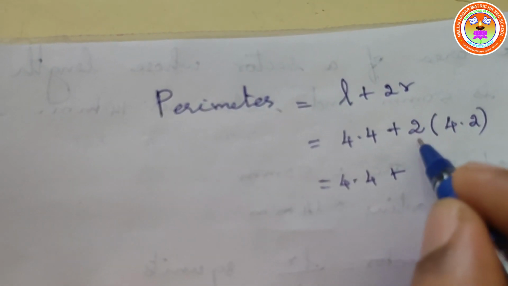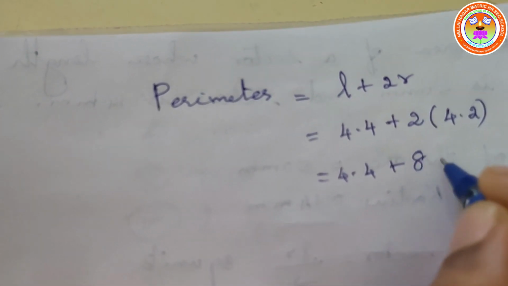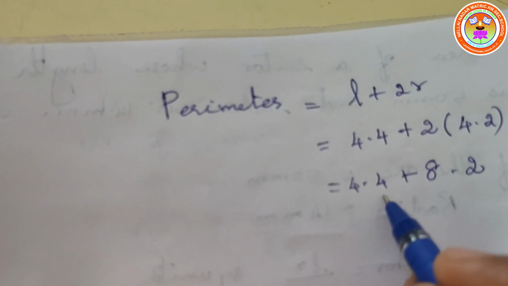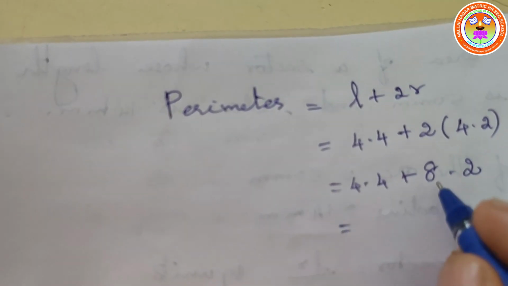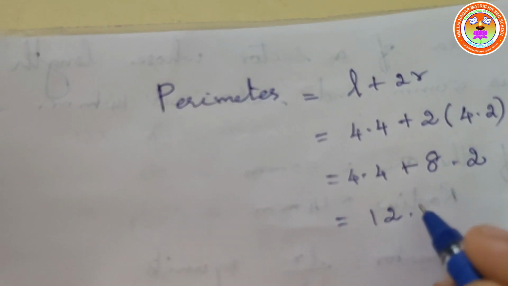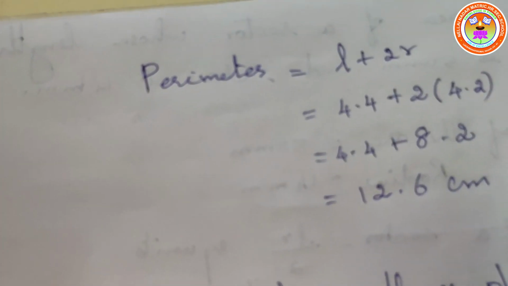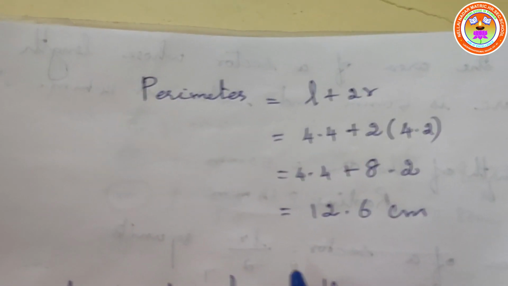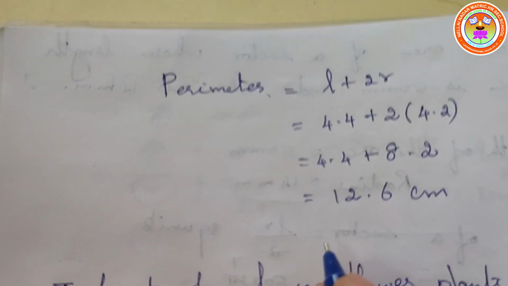If you multiply with this 2, you will get 8.2. So 4.4 plus 8.2 is nothing but 12.6 centimeter. Able to understand? We found the perimeter also.